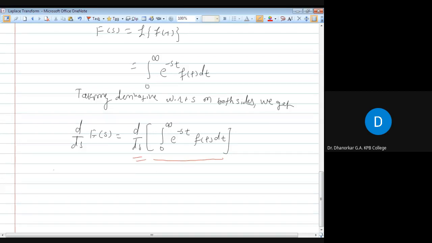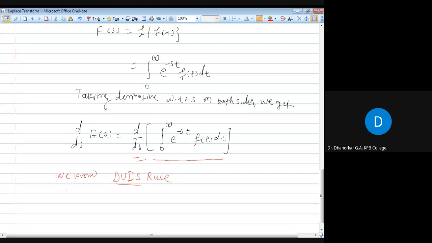I will write one rule, the DUIS rule. What is the name of this DUIS rule? D means differentiation, U means under integral sign. Differentiation under integral sign. This rule is called DUIS.